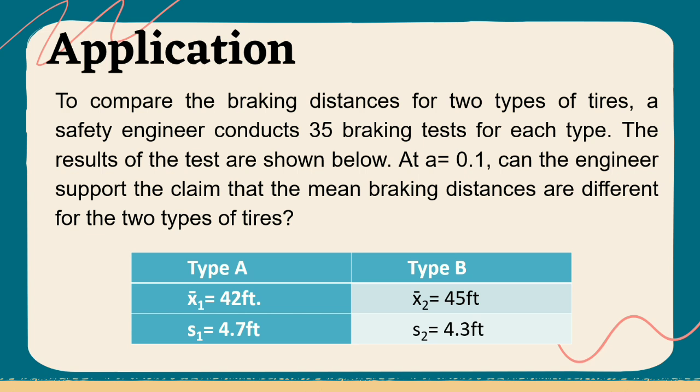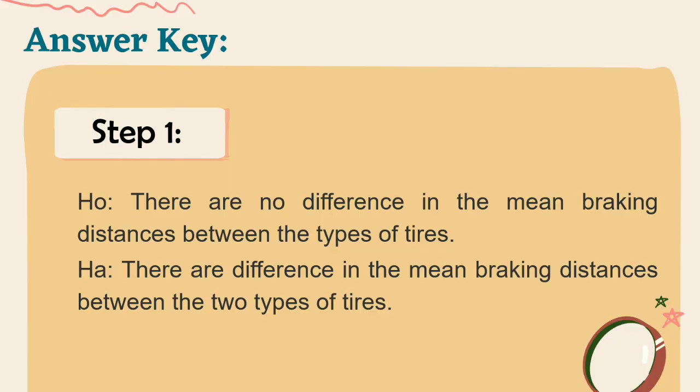For our application, to compare the braking distances for two types of tires, safety engineers conduct 35 braking tests for each type. The results of the tests are shown below. At alpha 0.1, can the engineers support the claim that the mean braking distances are different for the two types of tires? Step 1.